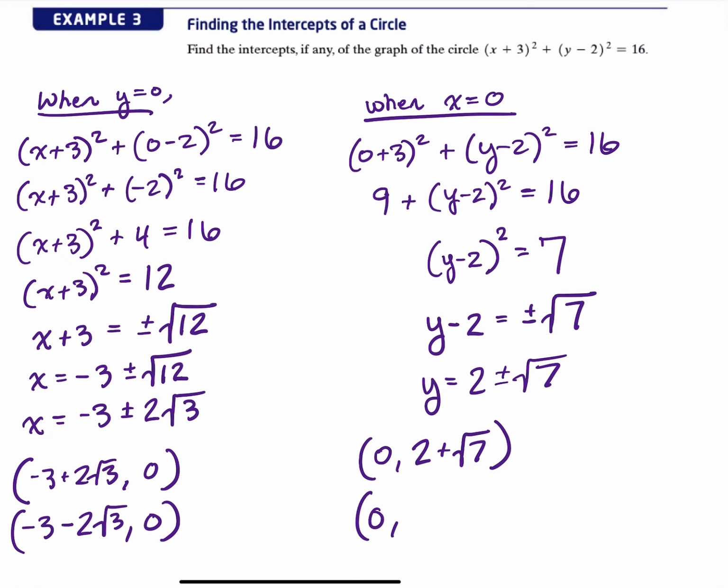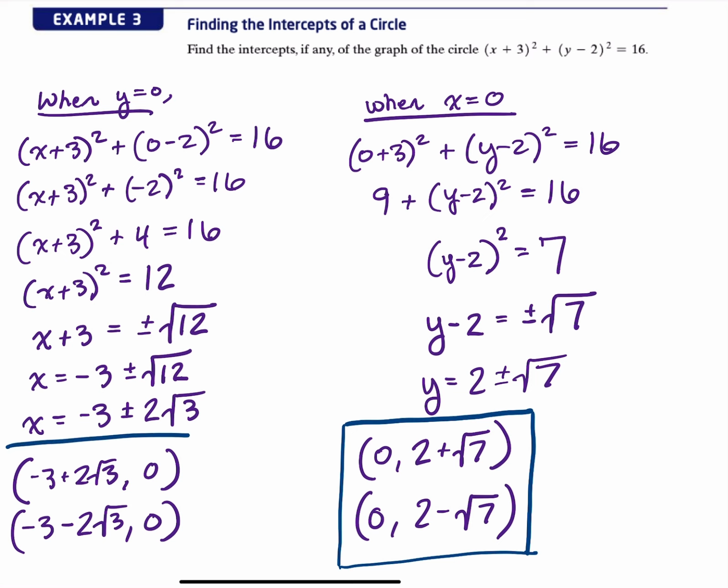And then our second one would be 0, 2 minus root 7. So these will be our 4 intercepts. These two are our x-intercepts, and these two are our y-intercepts.